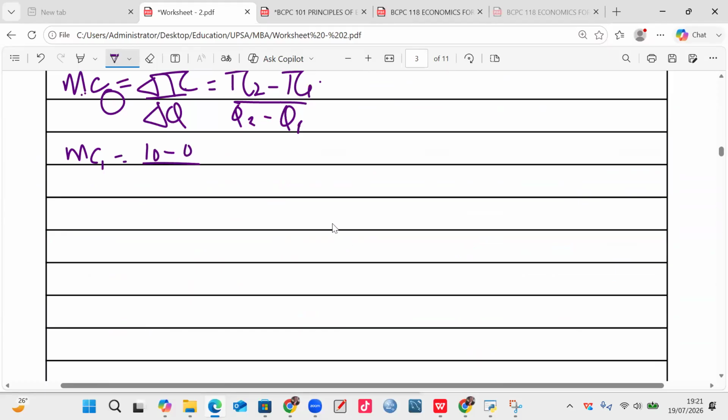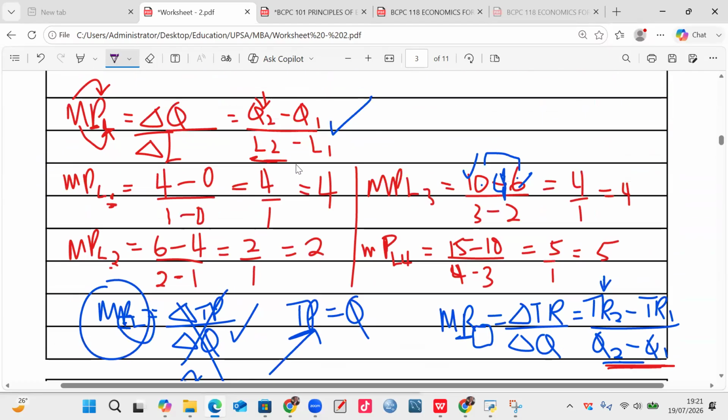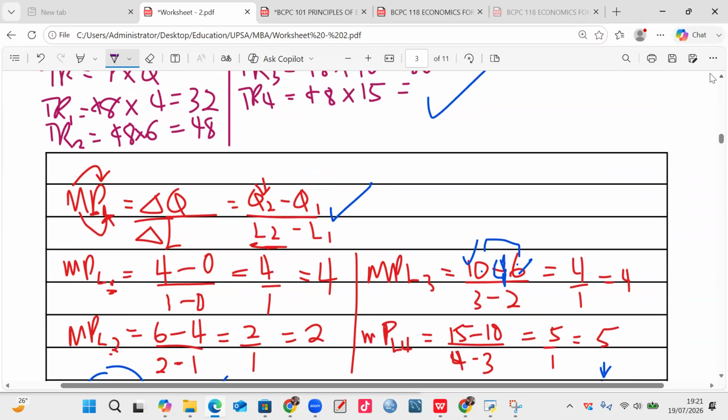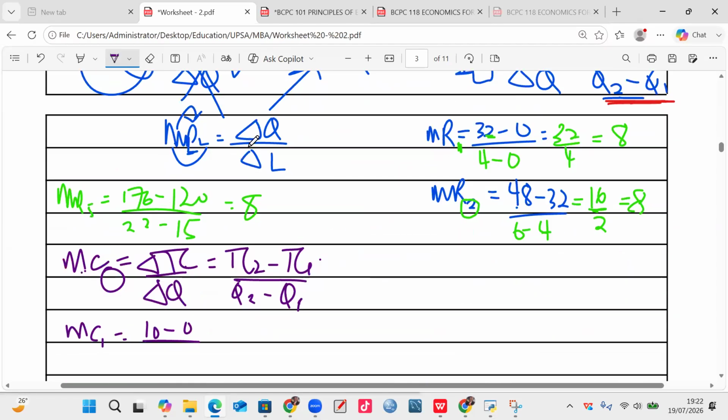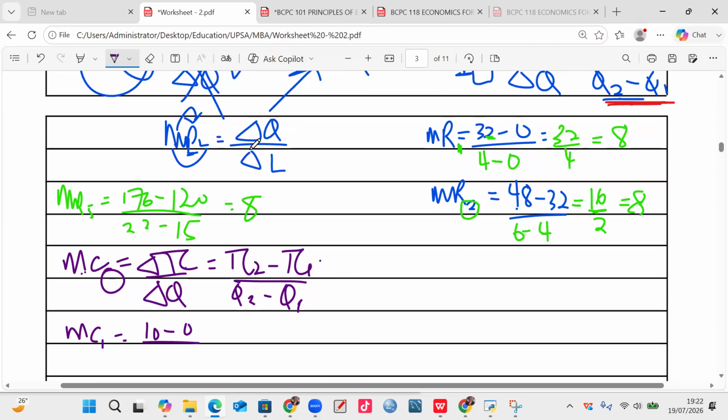Then what's the current quantity at level 1? 4. The previous is 0. So 10 over 4. What do we have? 2.5. That's the marginal cost.